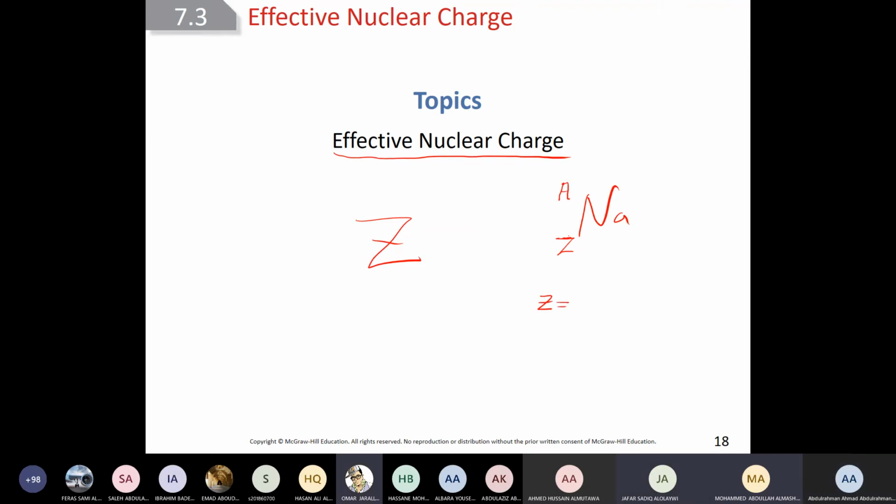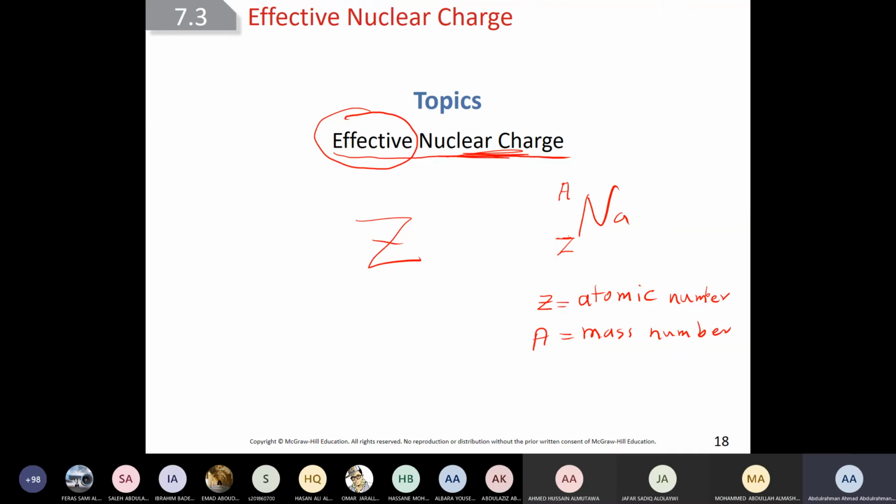Atomic number. What is A? Mass number, exactly. Very good. Now I'm going to talk about another thing which is called effective nuclear charge.